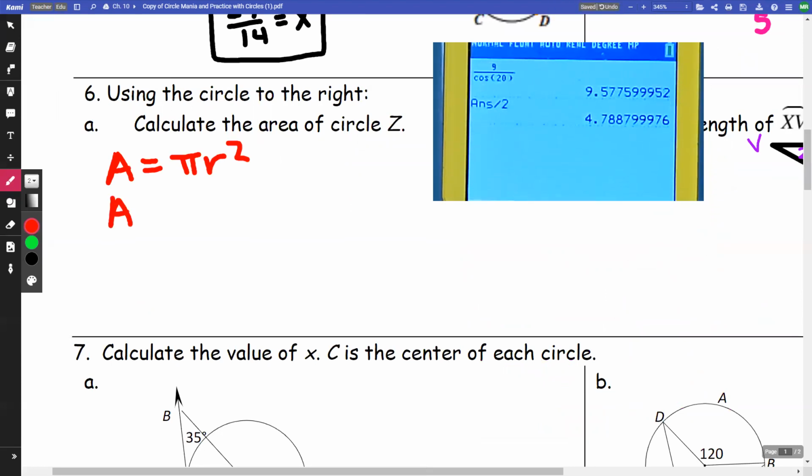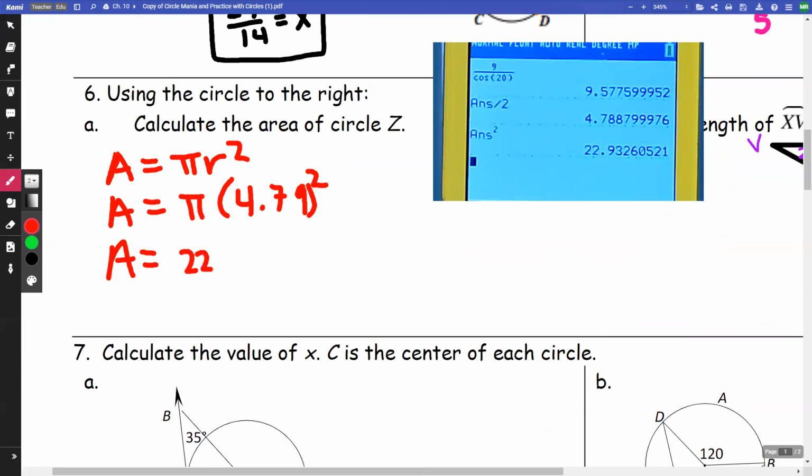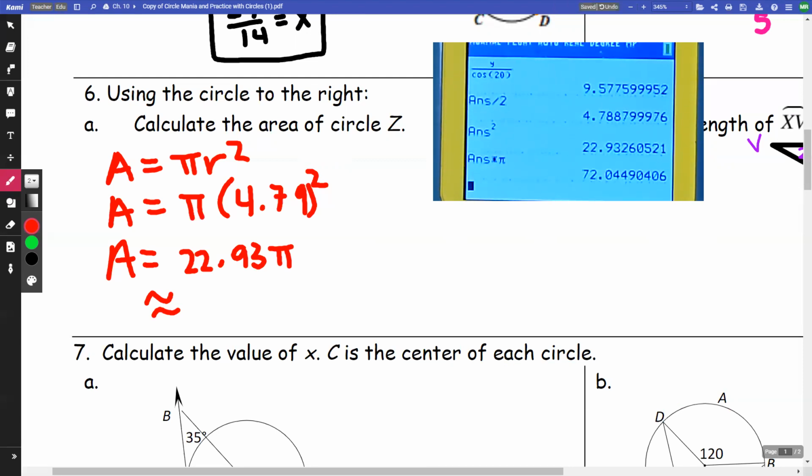I'm going to take my r, which was 4.79, square it, and times it by pi. So I get A equals 22.93 pi, which is approximately 72.04 square units.